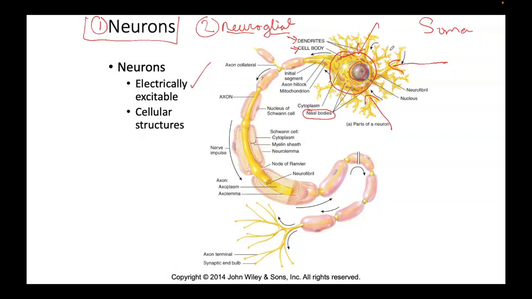And the information is going to be moving in this direction. That's where the nerve impulse travels. So it goes into the dendrites, into the cell body, and then it starts to move away. This section, as it moves away, is known as the axon.